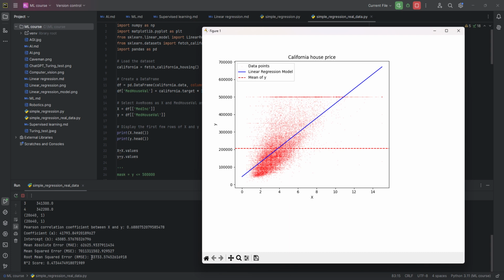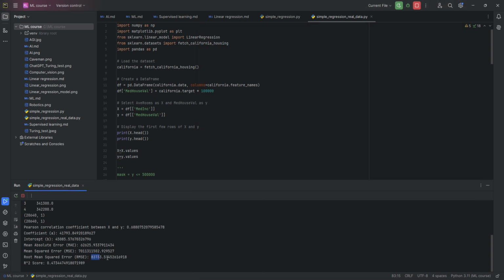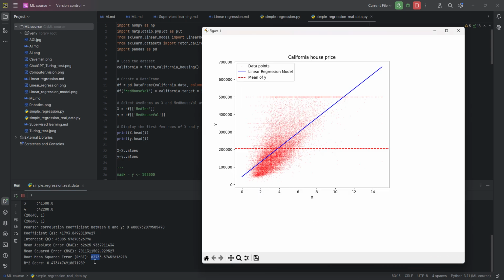And then if we look at the RMSE, that's even higher because the RMSE is affected more by the points that are further from the model, because the square of error gets more affected when the error is higher. So here it is telling me that there is $83,000 in average error between the model and the truth.